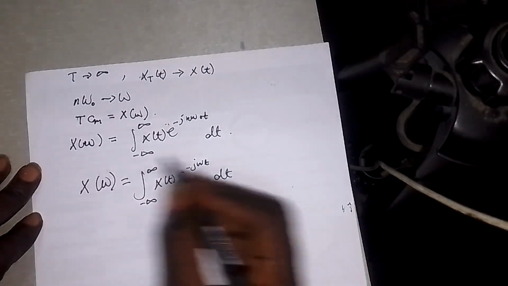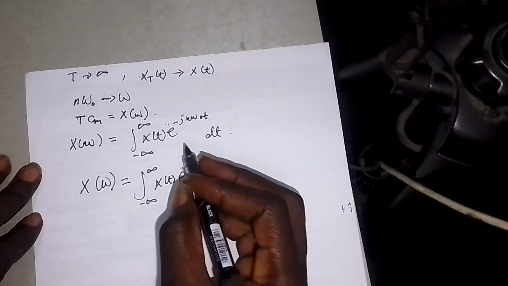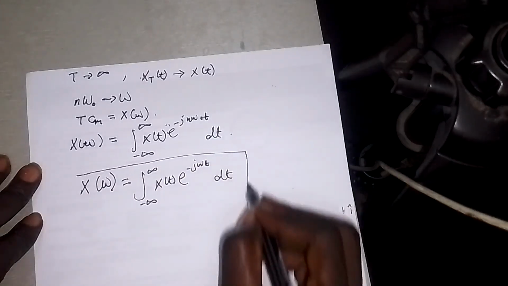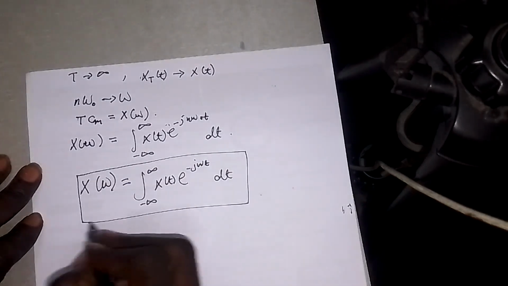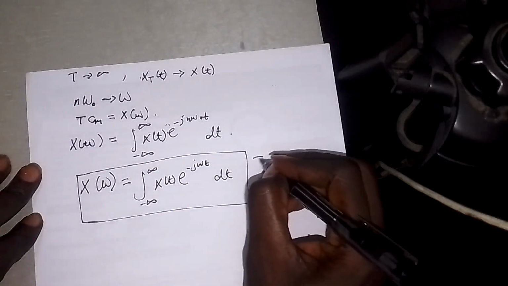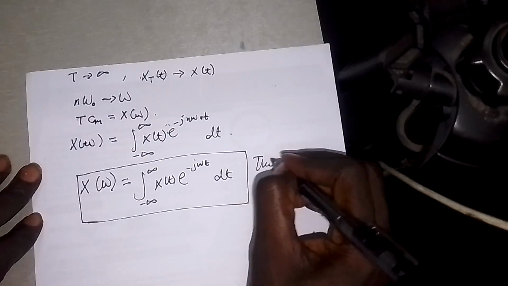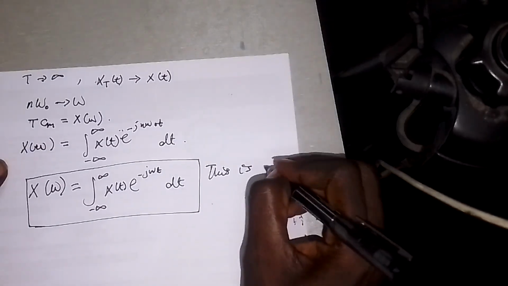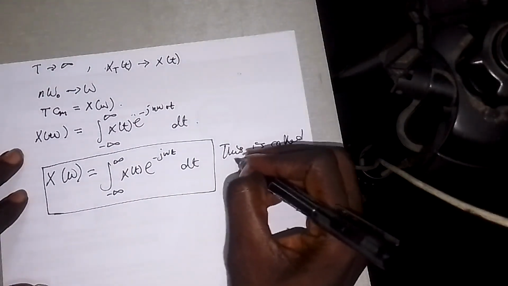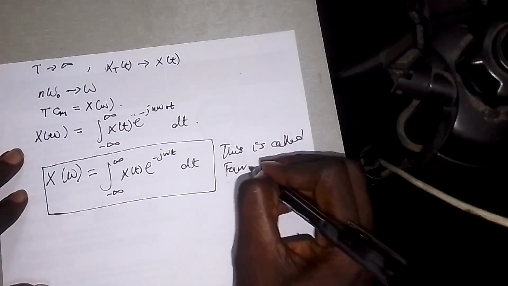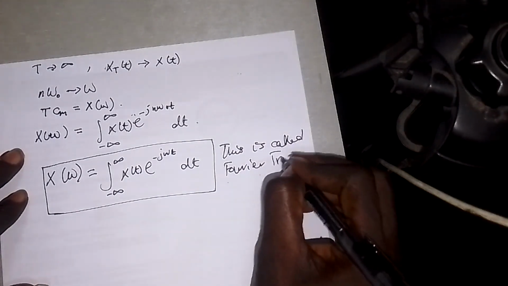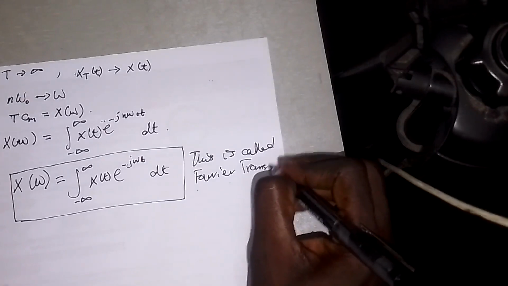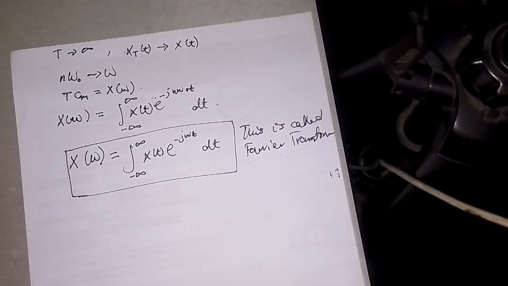This is what I will arrive at, and this formula is called the Fourier transform.